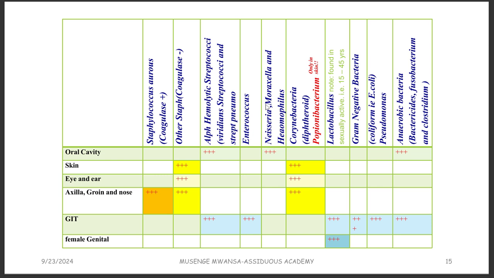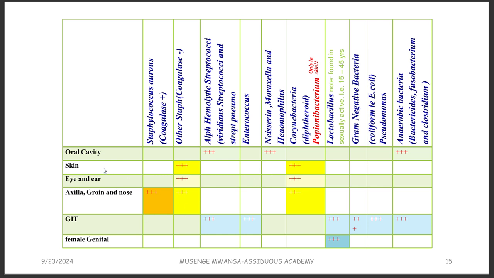You also have Neisseria meningitidis. You can also have Neisseria gonorrhoeae, as well as Moraxella and Haemophilus. And you also have anaerobic bacteria, Bacteroides. These are anaerobic; they don't love oxygen. And Clostridium and Fusobacterium.